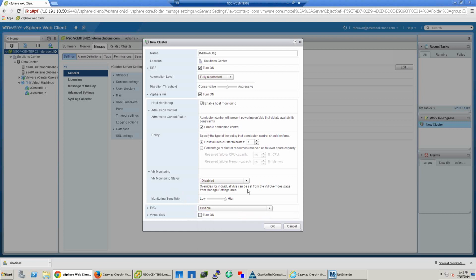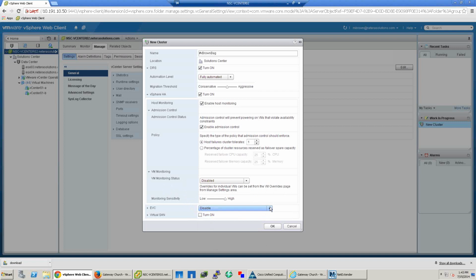Yes. So the difficulty with enabling EVC after the fact is that you're not going to be able to change the EVC level on that cluster after the fact.